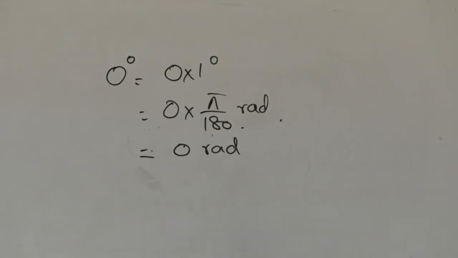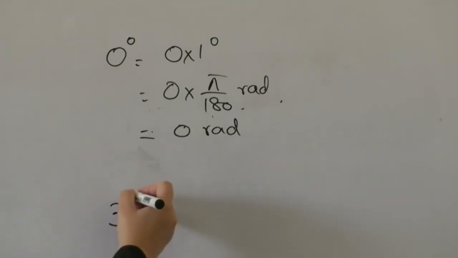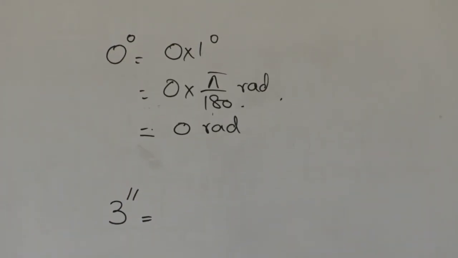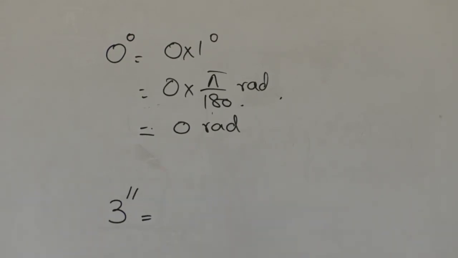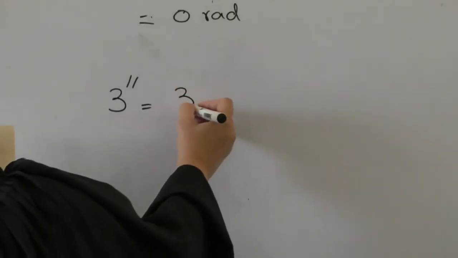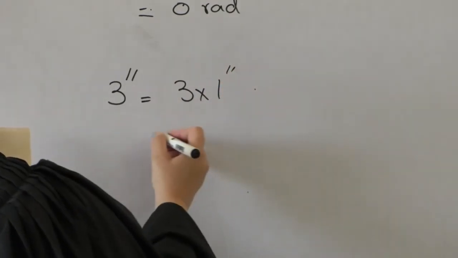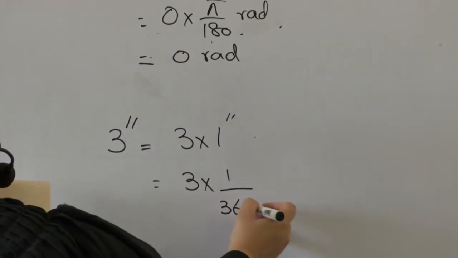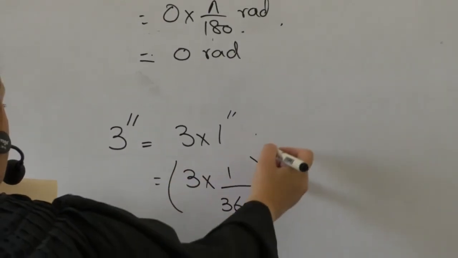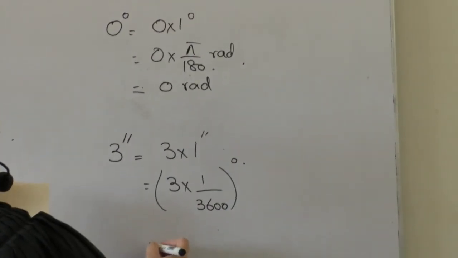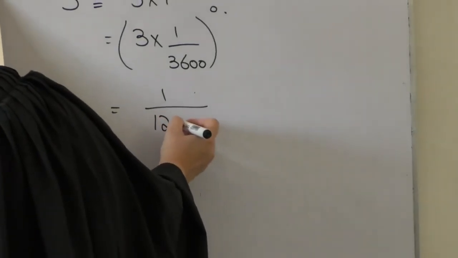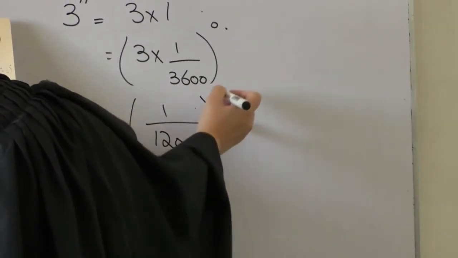And one more, that is 3 seconds. First of all, we convert these 3 seconds into degree and then degree into radian. It is 3 into 1 second. We know that there are 3600 seconds in a degree. Simplify, it is 1 divided by 1200 degree.